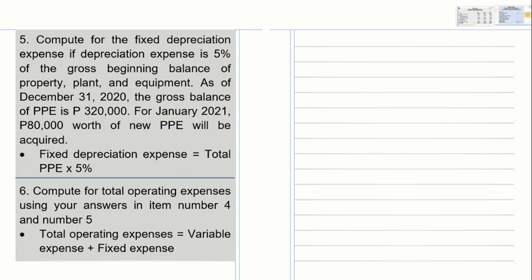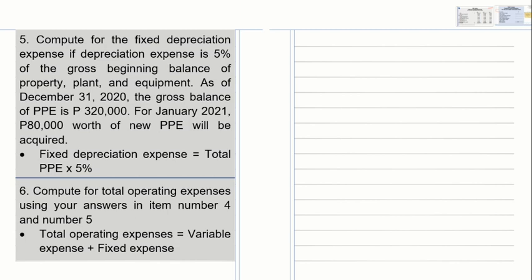Next is to compute for our fixed depreciation. So, our depreciation expense is 5% of the gross beginning balance of our PPE. So, as of December 31, 2020, the gross balance of PPE is 320,000. For January 2020, the business plans to purchase 80,000 worth of new PPE. So, our fixed depreciation is 5% of the gross beginning balance.